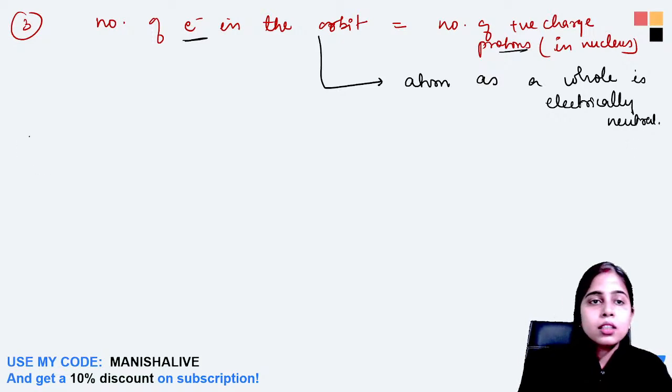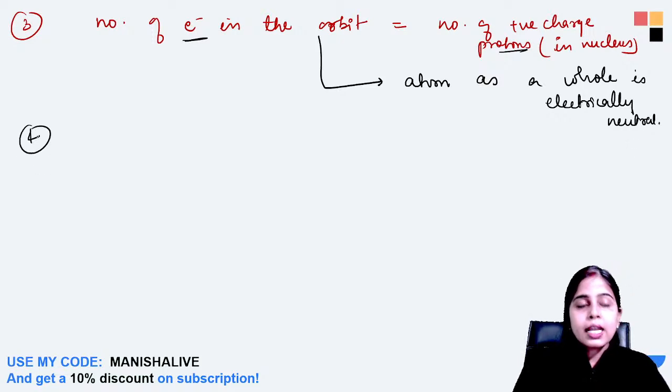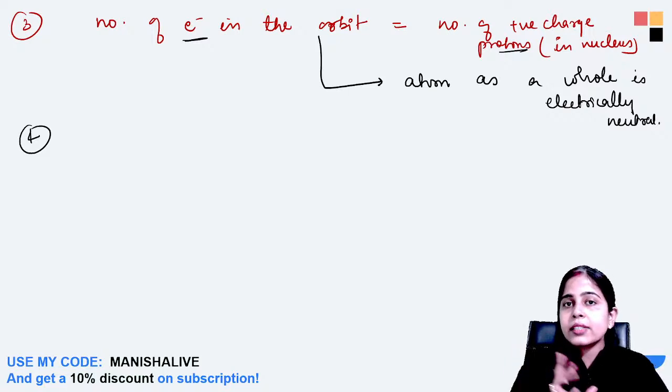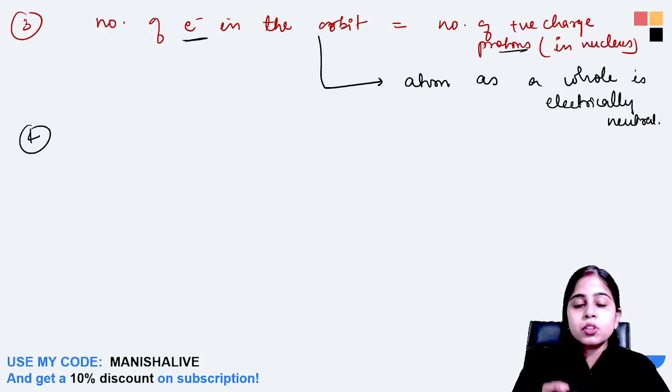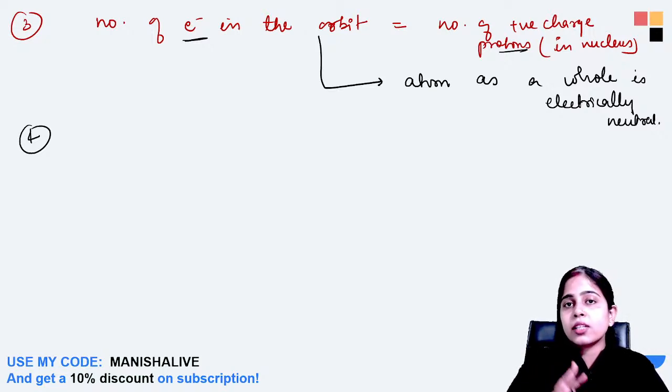Yes, clear? Now the fourth observation, that the volume of the nucleus is very small as compared to the volume of the entire atom. As I told you just now, if you take your atom to be the size of a football stadium, your nucleus will be the size of a marble kept in that stadium.